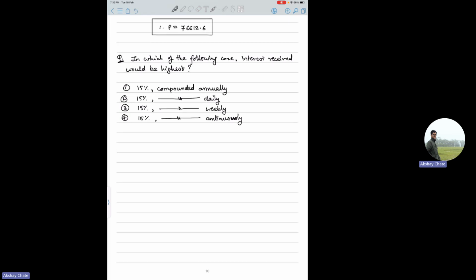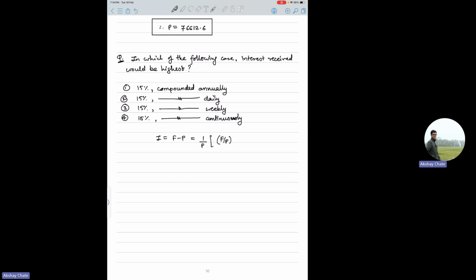So basically, what is happening here is, if you remember, this interest I is nothing but F minus P, right? P you can assume to be a constant because they have not mentioned anything.